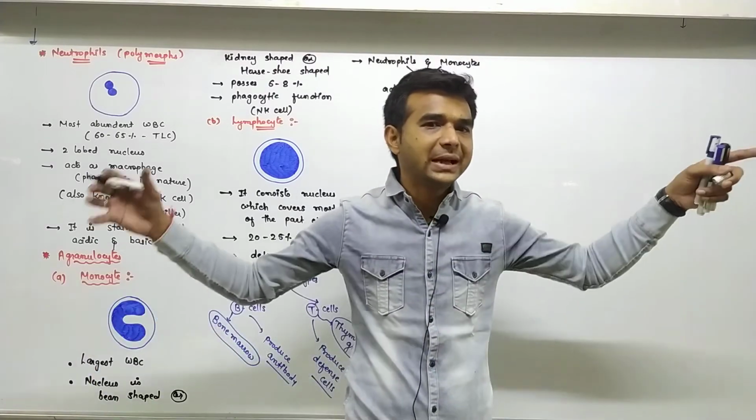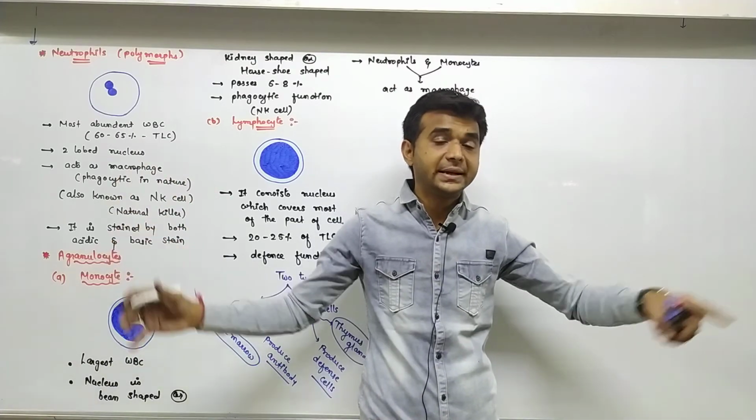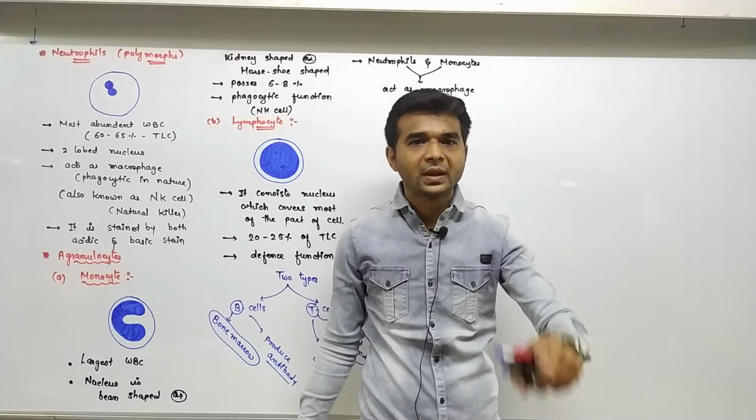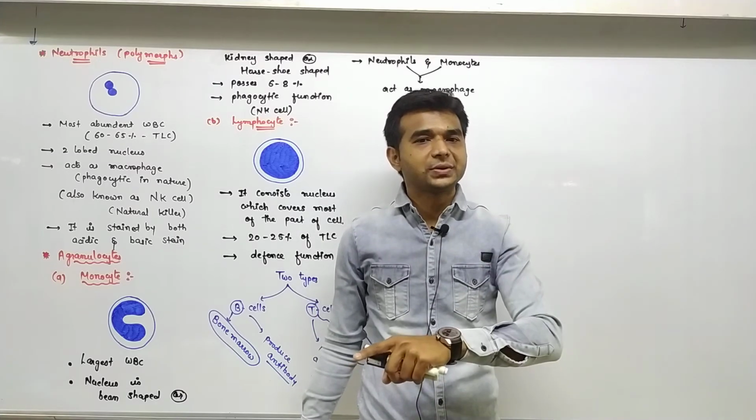You know that the most abundant WBC is neutrophil, and the very least amount is basophils.